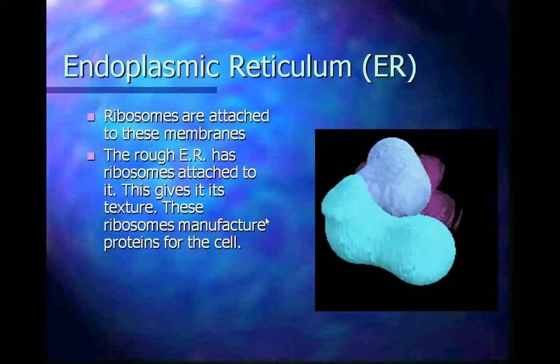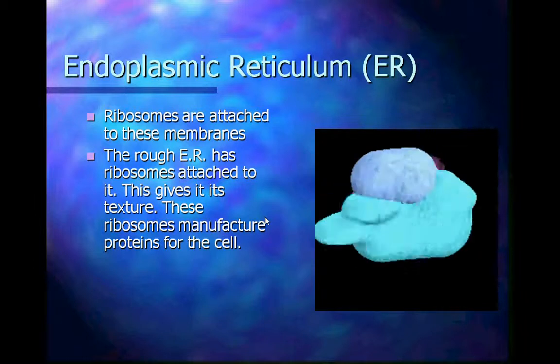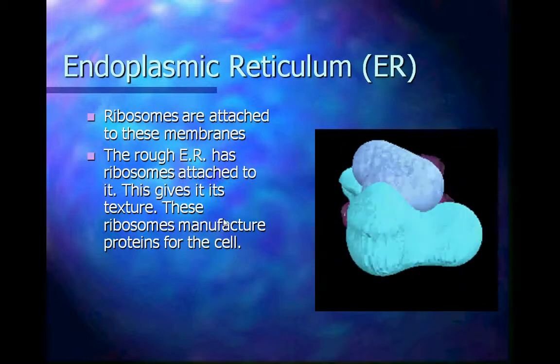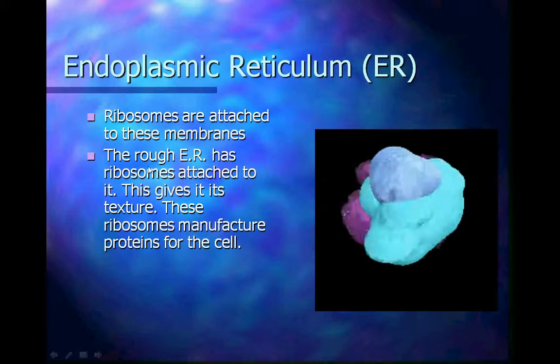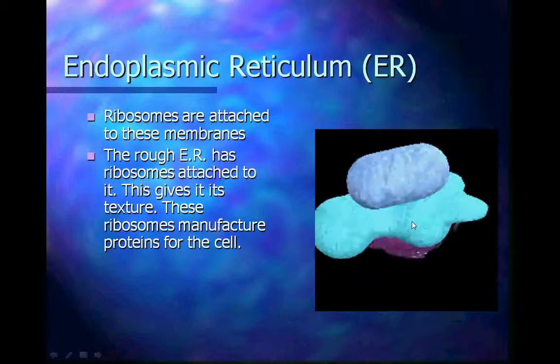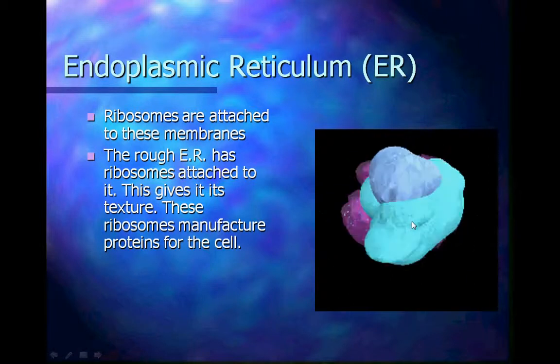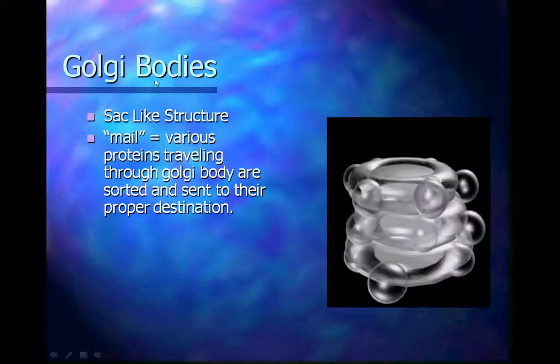The endoplasmic reticulum is another structure in the cell. Its job is to act like a road system to travel through, and there are two kinds. There's rough ER, which has ribosomes attached to it, so it's also making proteins. And then there's smooth endoplasmic reticulum, which lacks ribosomes.